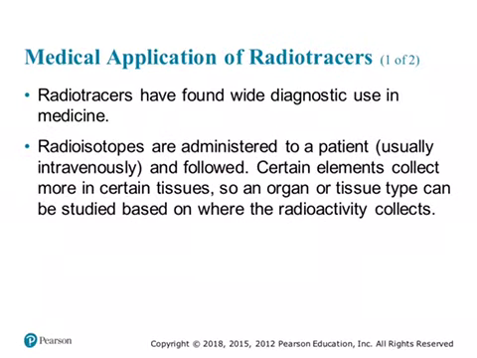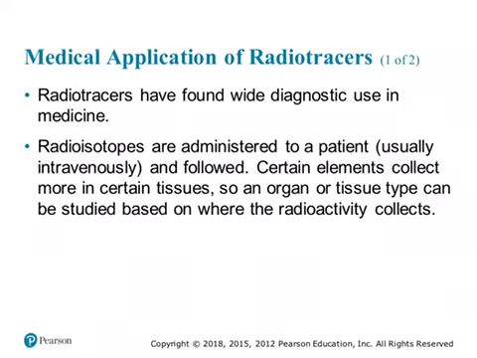So usually, as I said earlier, the radioisotope will have a very short half-life. It can be administered usually intravenously by IV and then followed. Some you actually drink. So there is a barium radioactive drink that tastes kind of like chalk, and when you drink it, they can follow the path all the way through your digestive system into your small intestines, your large intestines, to see if you have some type of blockage.